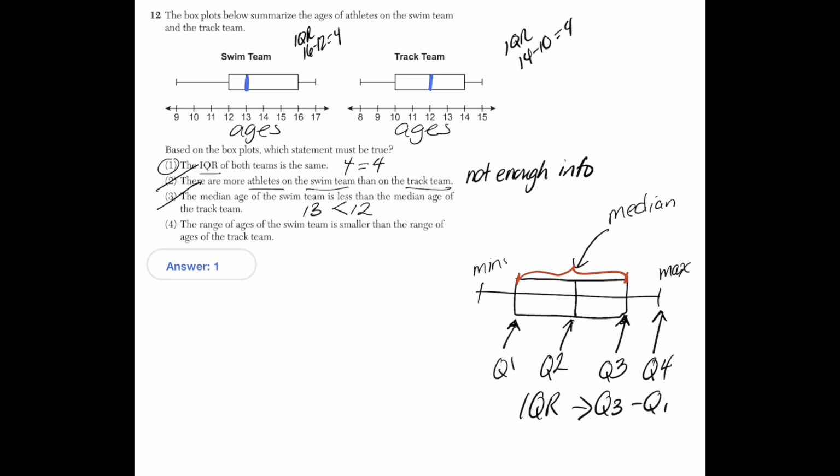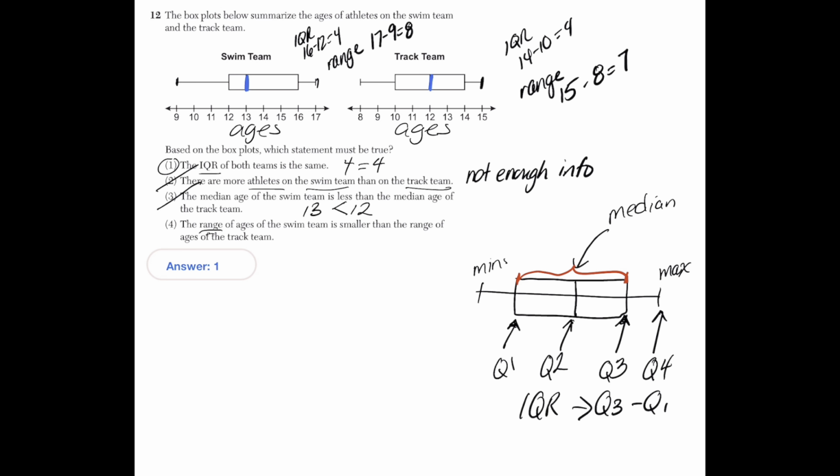Not a true statement. And the last one, they just want the full range. So that means going from the beginning to end. For the swim team, I'm going to do 17 minus 9, which gives me 8. And for the track team, my maximum is 15, my minimum is 8, and that gives me 7.